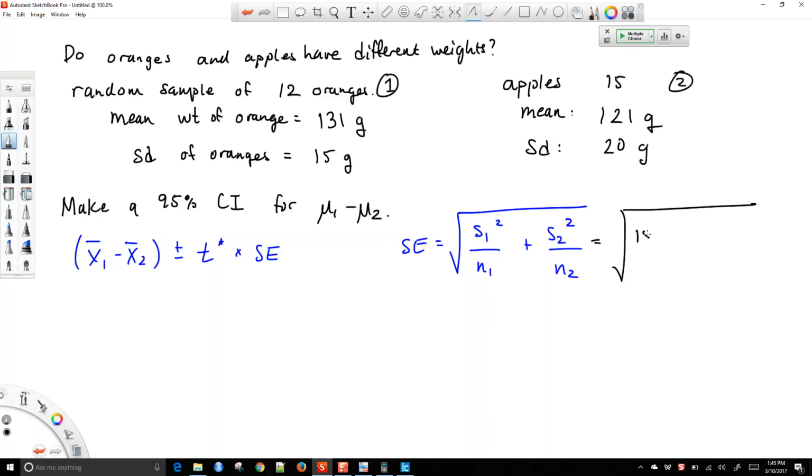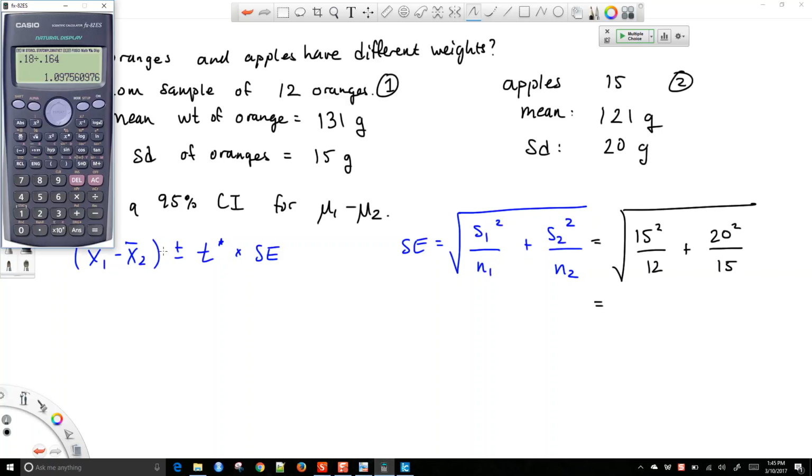So we'll go 15 squared over 12 plus 20 squared over 15. That comes to 6.739.